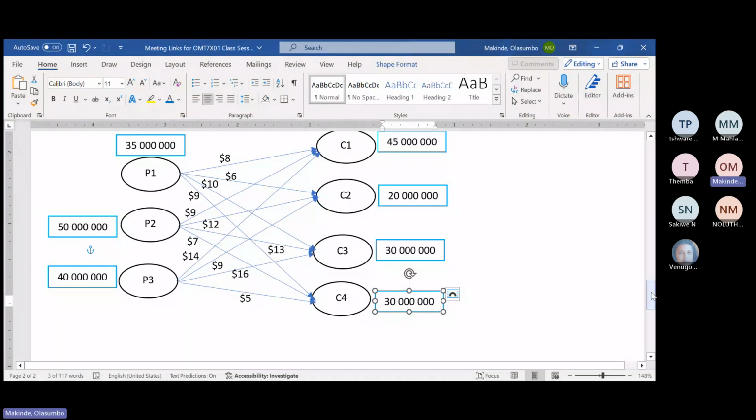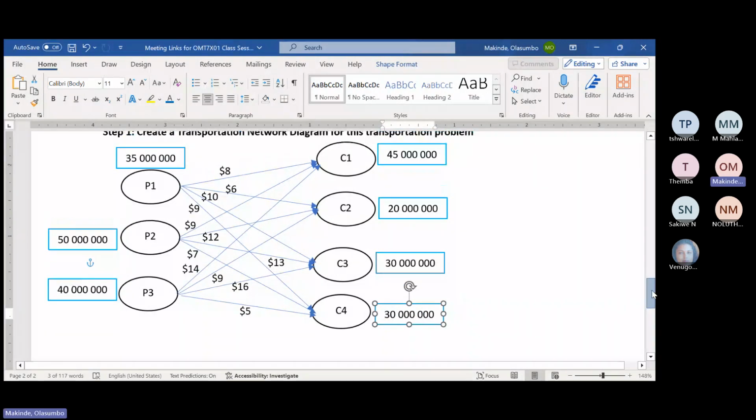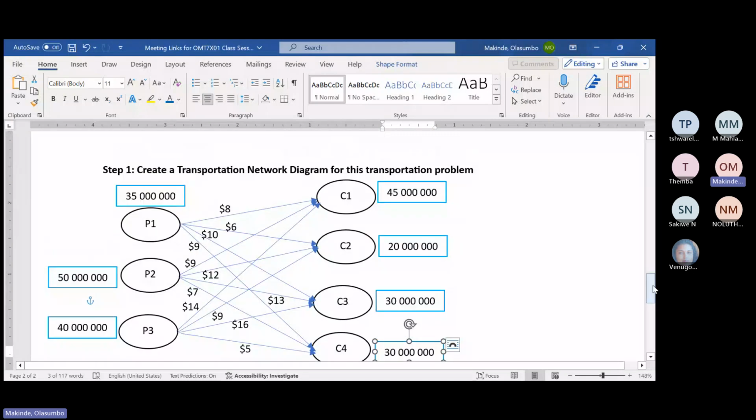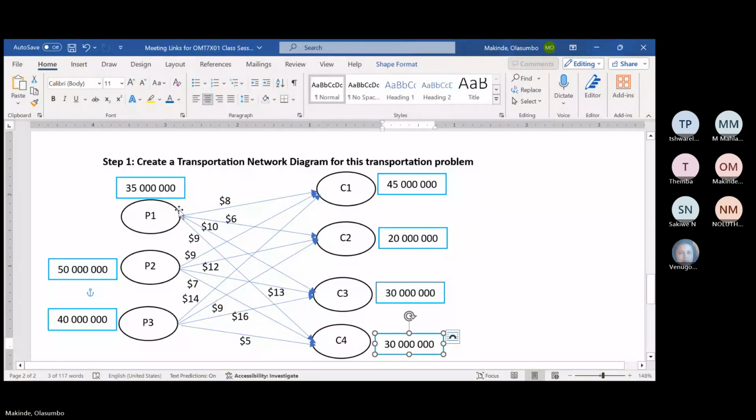So that is how you populate your network. You populate with all the parameters. And what is this thing saying? What is it saying before we go into the formulation? If you look at what we have done in the network, this is telling us that when you supply from plant 1 to any of these, anything that plant 1 will supply to these 4 cities should not exceed its capacity. So that is the mathematical formulation we are going to formulate.